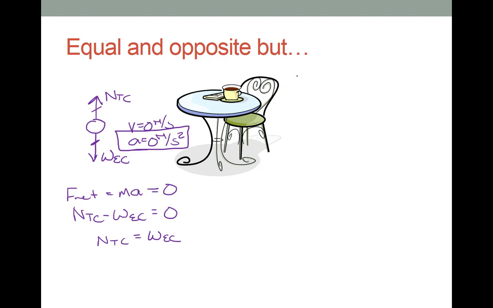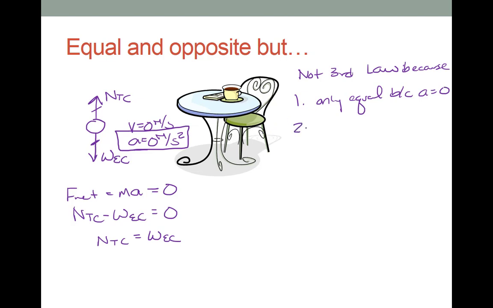So let's write down the reasons that they're not third law force pairs. Things that you could answer, for example, on a quiz. So not third law because, one possible solution, they're only equal because a equals 0. So b/c means because. Hopefully you're familiar with that.